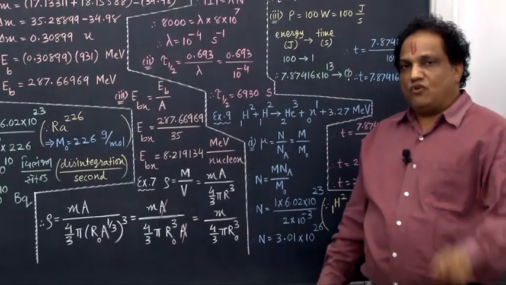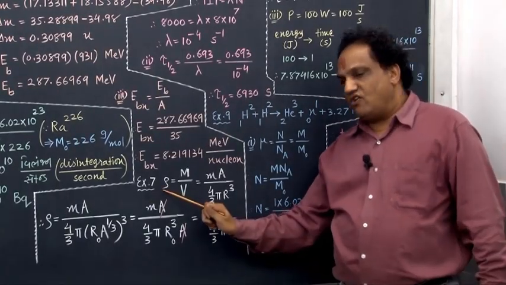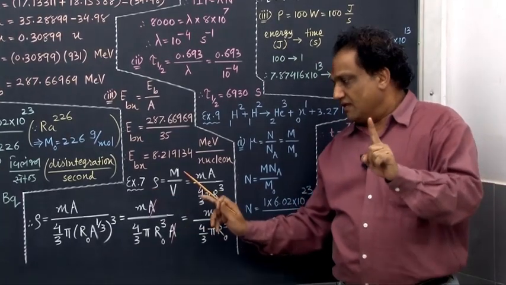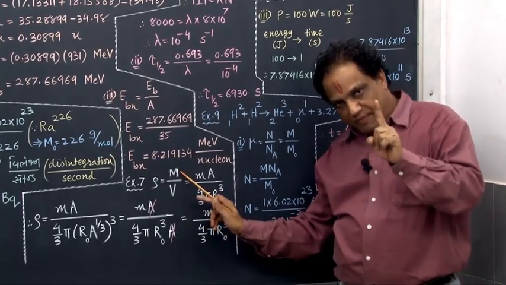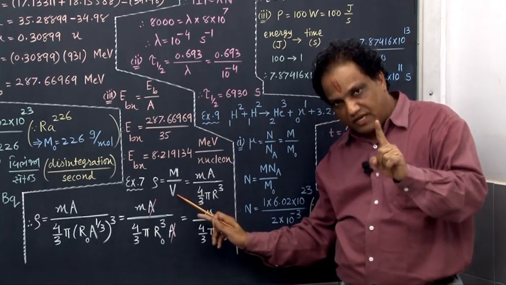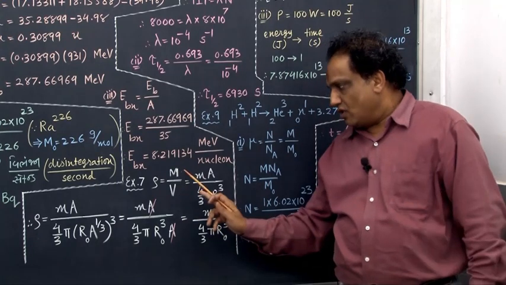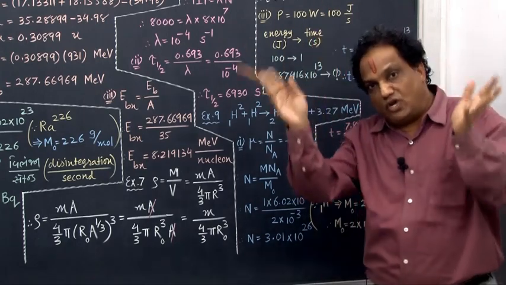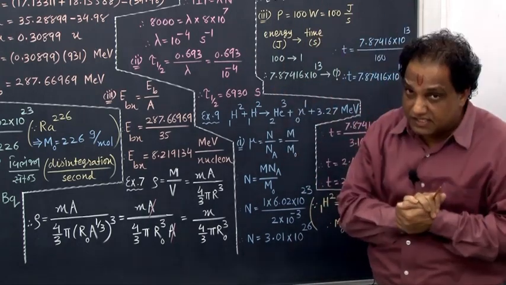We are asked to find the density of the material of the nucleus. Just consider one nucleus. The mass of one nucleus I am taking as capital M, and the volume of one nucleus as capital V. Mass of one nucleus means the mass of all the nucleons inside that nucleus.